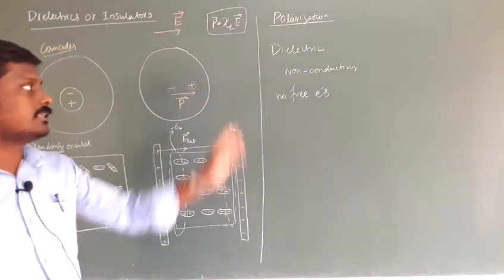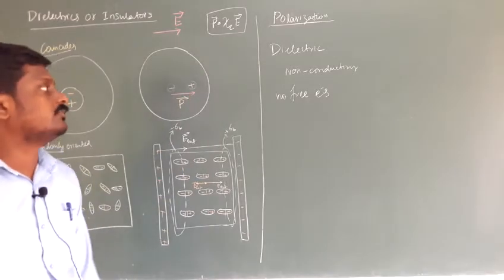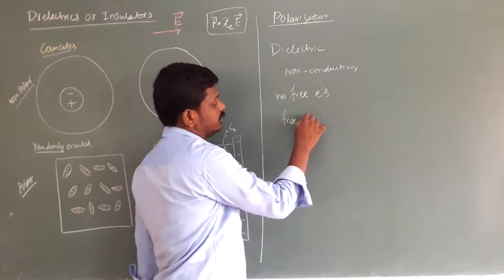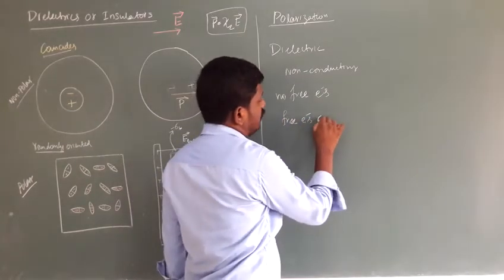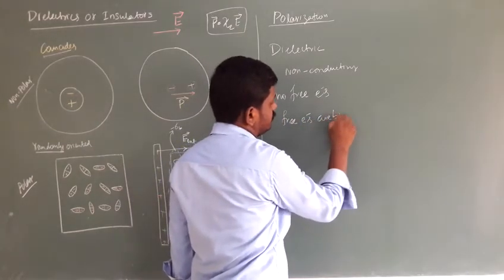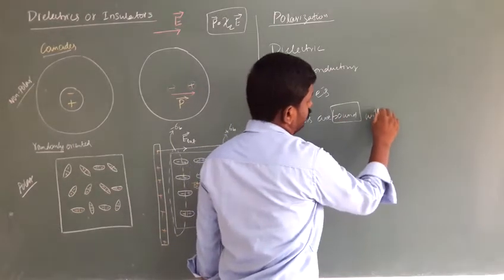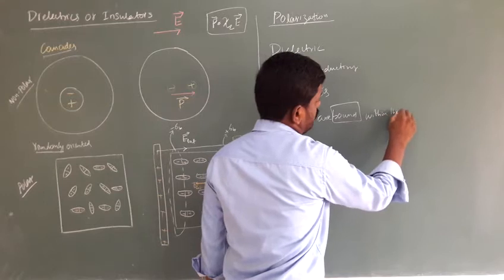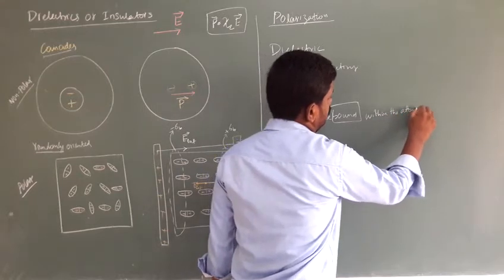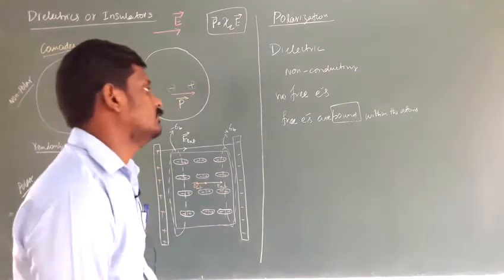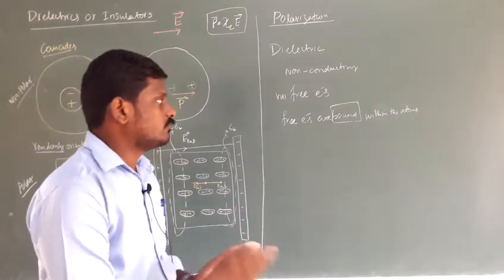A dielectric is a non-conducting material. It doesn't have free electrons. The electrons are bound within the atoms, highly protected without coming out of the atom.